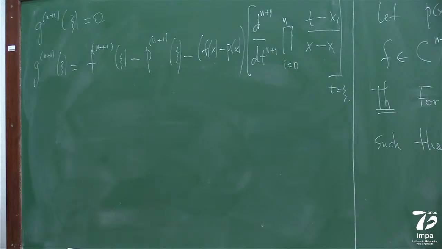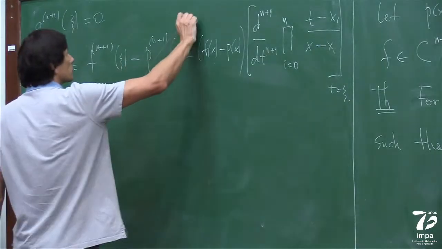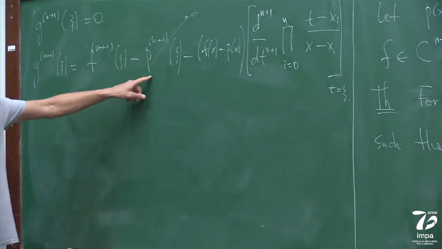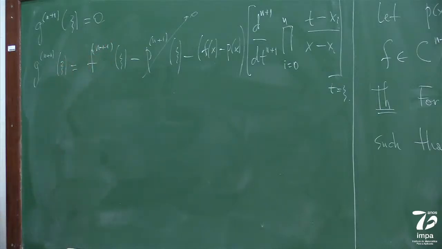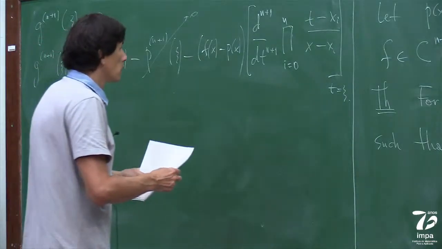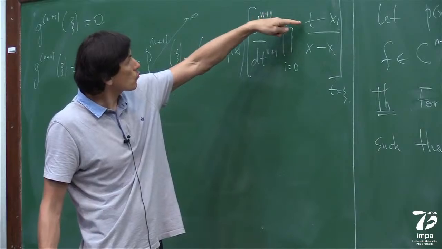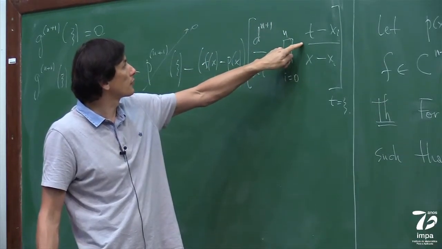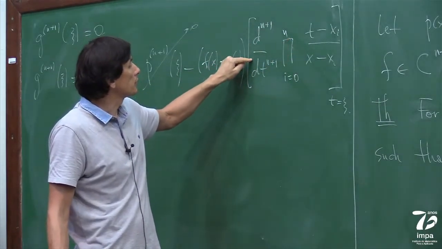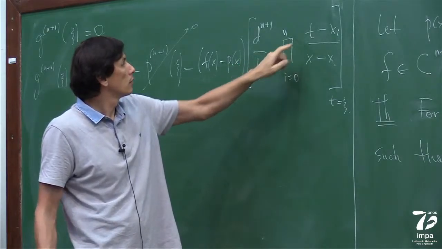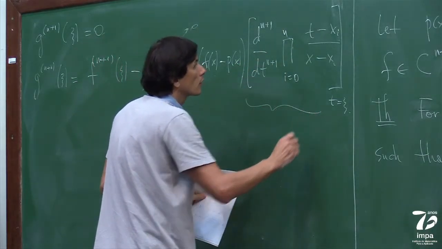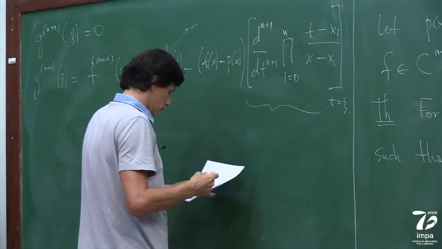So what do you have with this expression? First of all, this is 0, because this is a polynomial of degree at most n, so the n plus first derivative is 0. And here this is a polynomial of degree n plus 1. So the derivative will give you the leading coefficient times factorial, right?